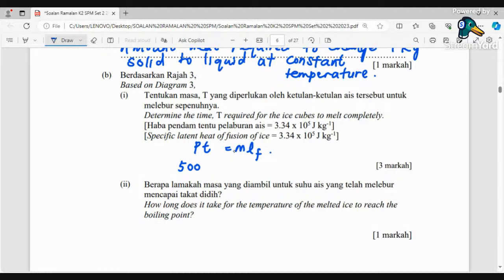Dia nak time, so it's T besar. 1.25 because all melted. 3.34 10 power 5. So we get T equals 835 second. Kalau you nak tukar minit, boleh dia tukar. Dia tak ada mention berapa kan. Kalau dia mention nak dalam hour ke minit ke, you kena convert. Kalau tak, just tinggal dalam second pun okey. Okay, jadi 835 second or 13.92 minit.